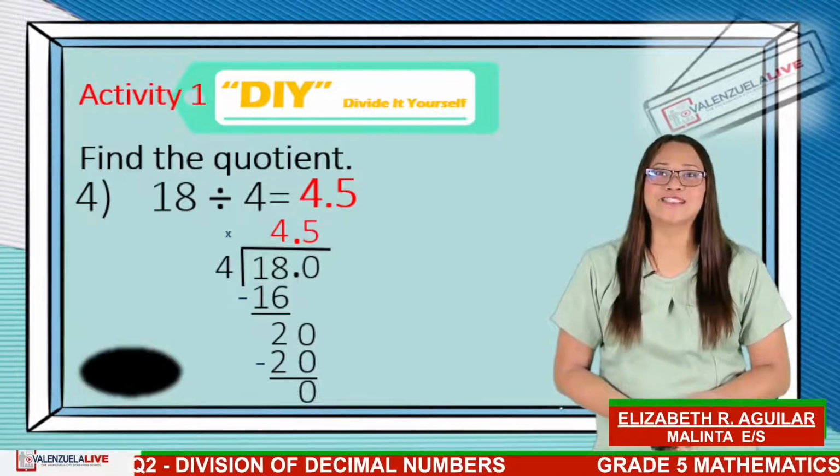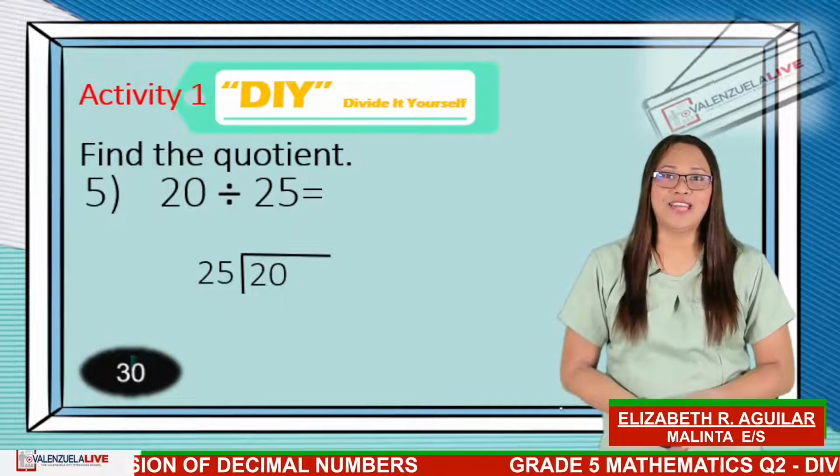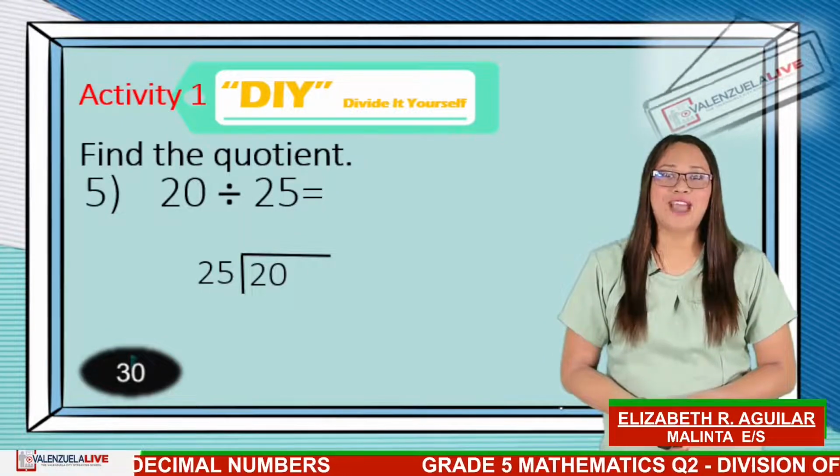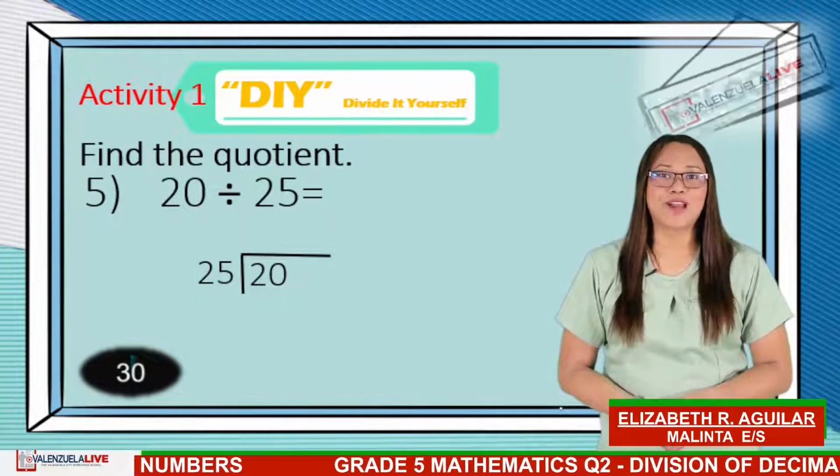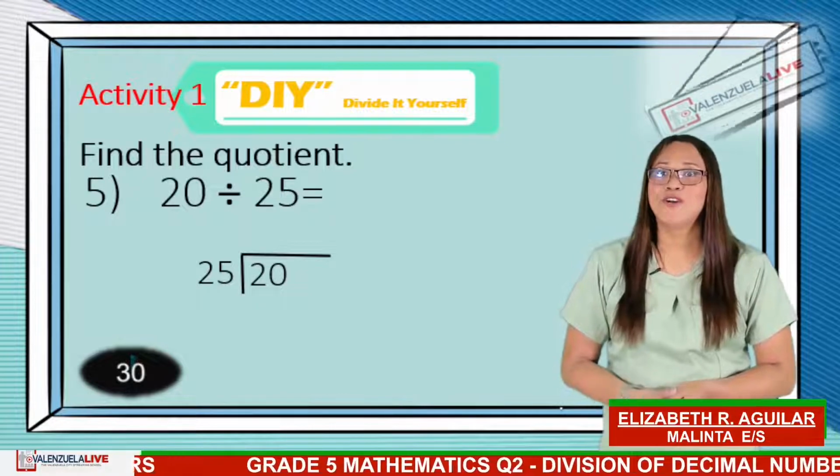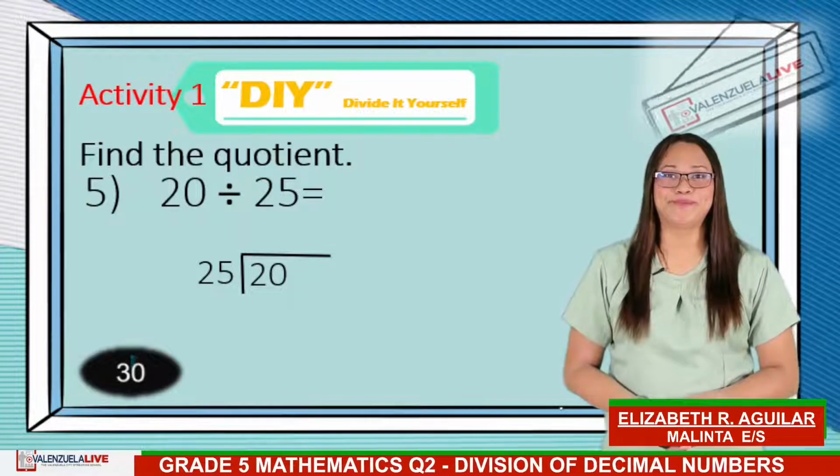Okay, for our last number in our activity, we have 20 divided by 25. So I'll give you another 30 seconds to solve this number.